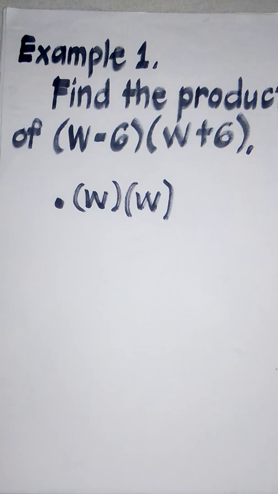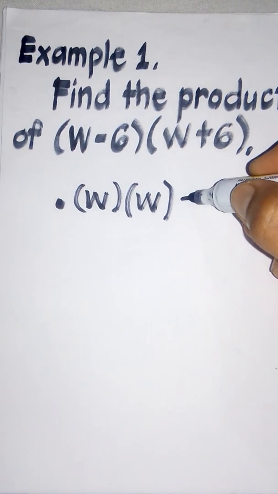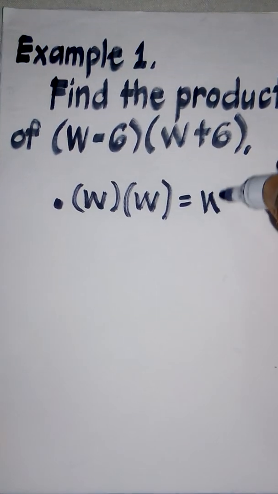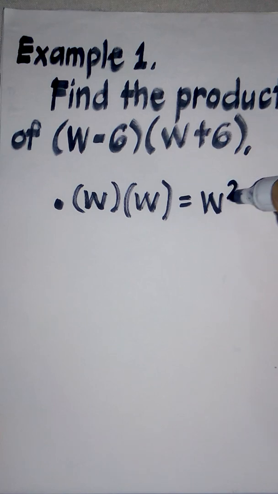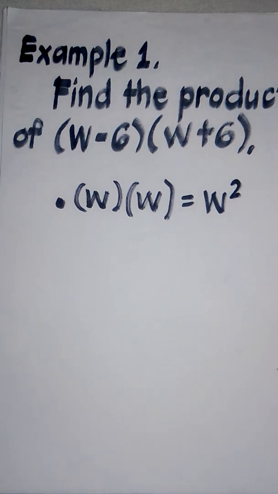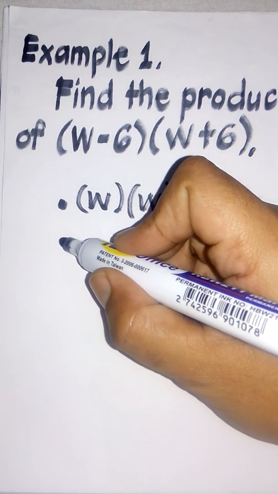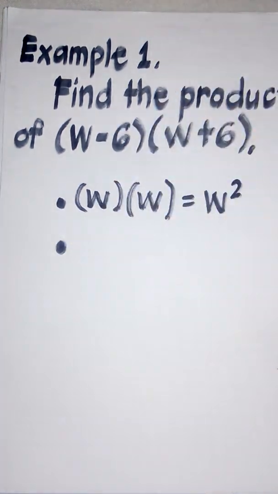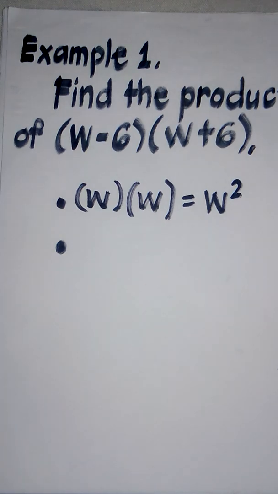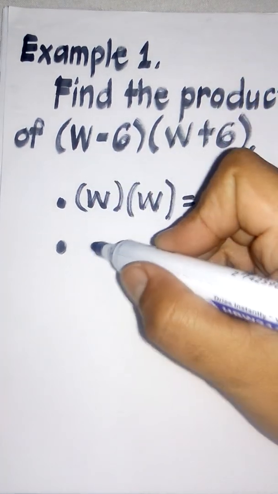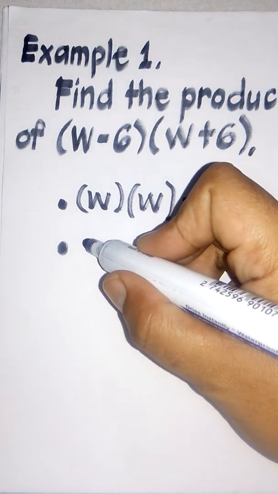So w times w is equal to w squared. It will not be 2w, but w squared because we're getting the product. And the second step is to get the square of the last terms, which is 6, negative 6 and positive 6.